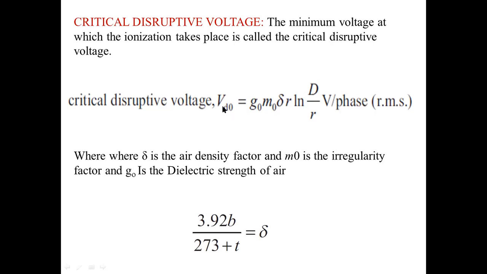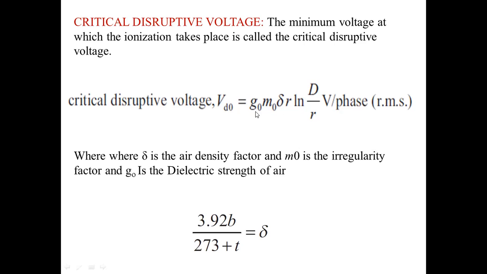This is the formula for the audible corona, and we will have a different formula for the visual corona. For the audible corona, Vd naught is equal to g naught m naught sigma r ln(D over r). Now what are g naught, m naught, and all these parameters?